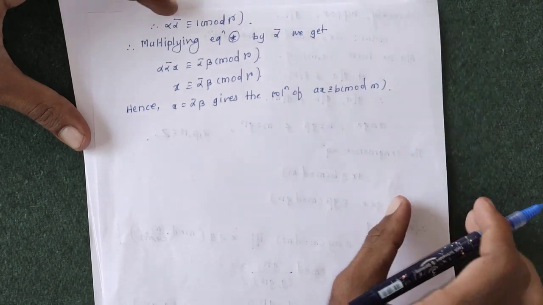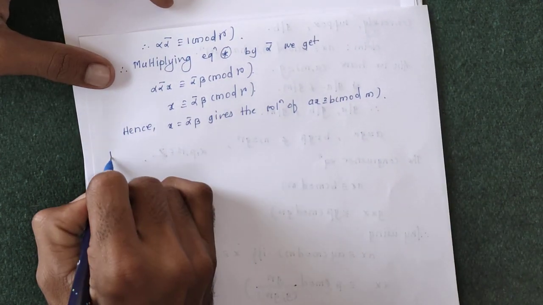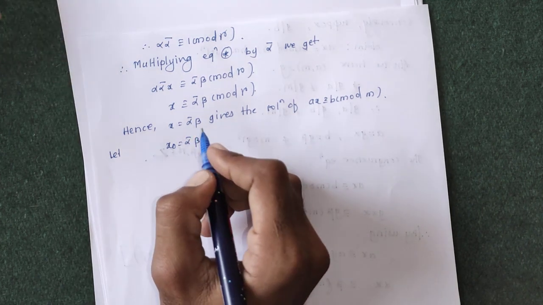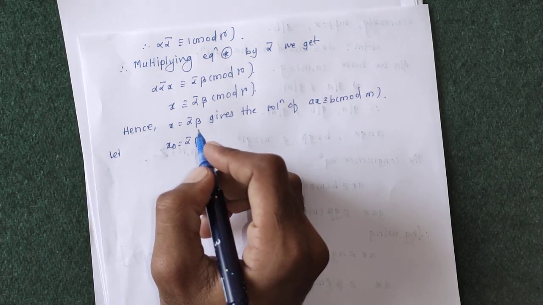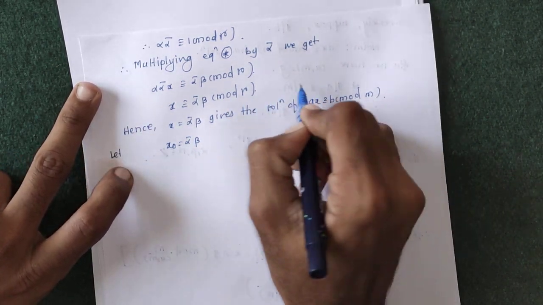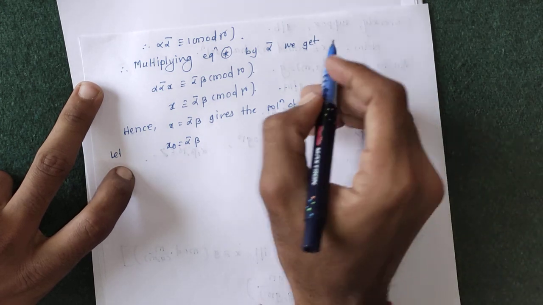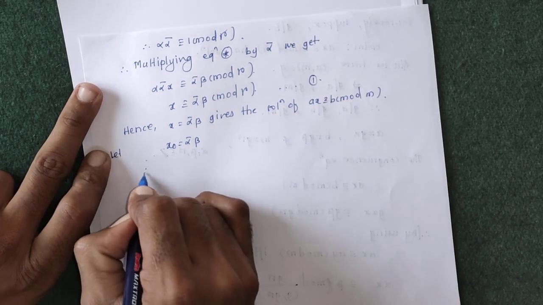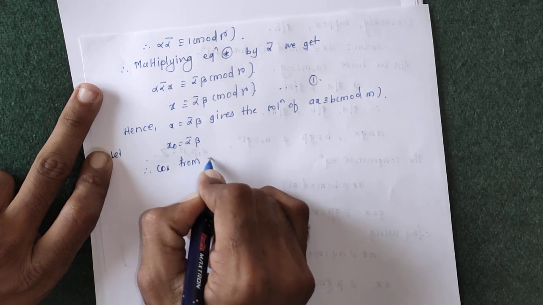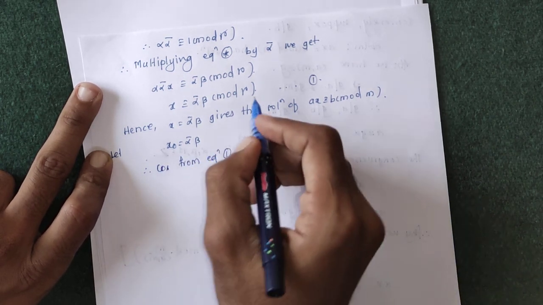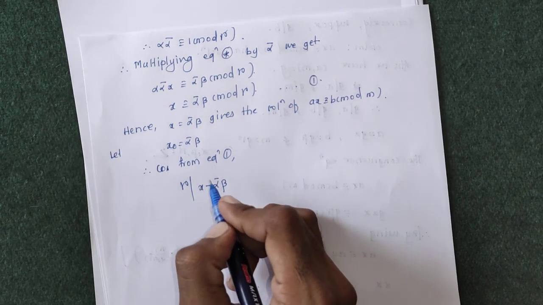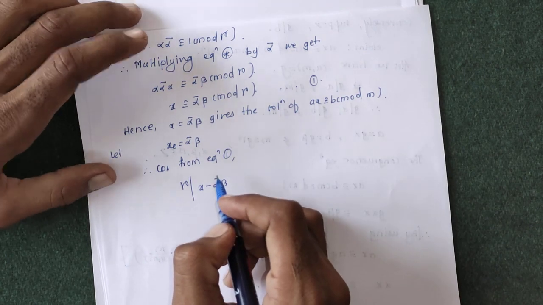So let this be the first solution. Let x naught equal alpha bar beta. Therefore, from equation 1, by the definition of congruence, we can write gamma divides x minus alpha bar beta.